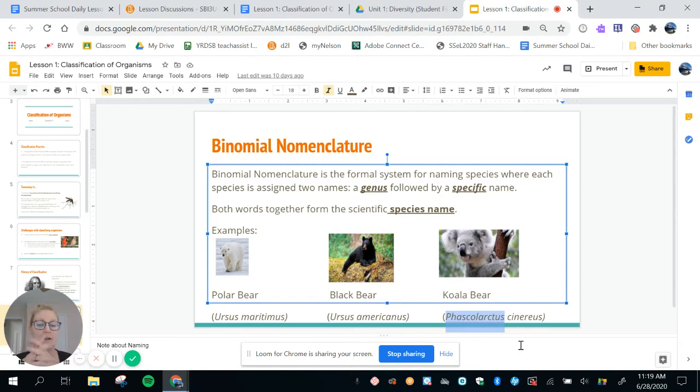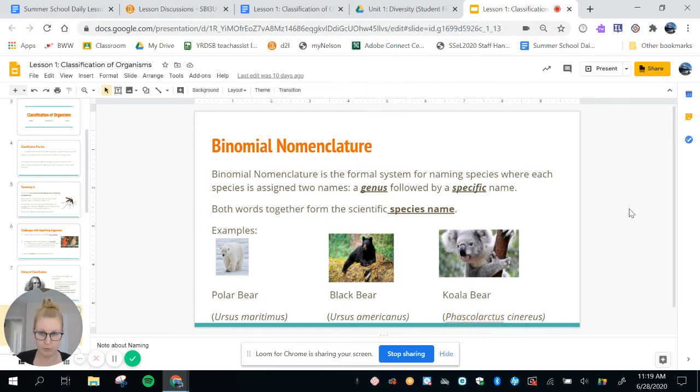And that tells me that this koala bear is very much unlike the polar bear and the black bear. There's going to be way fewer similarities between the koala bear and the others. These two are more closely related. They belong to what we call the same genus. So a little bit more about that in just a minute or two.